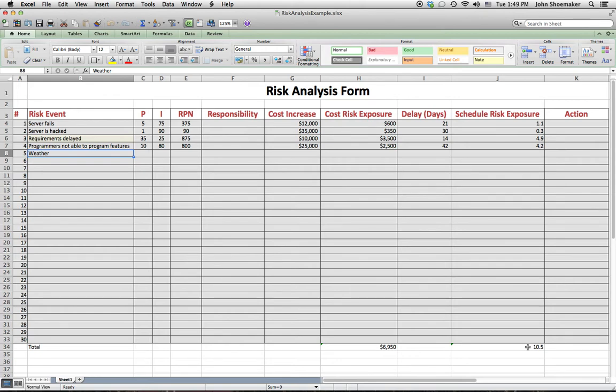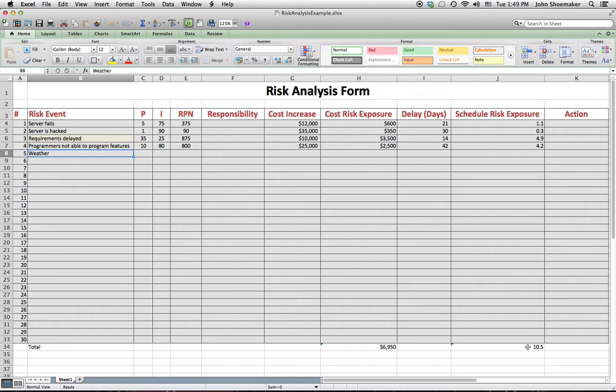Now you'll notice that there's the fifth risk event. I didn't enter any numbers in for it. Well, weather is going to be a risk factor for a lot of different kinds of projects. The problem is, how do you deal with weather? Well, first of all, what's the probability? The probability of weather is 100%, right? There's always weather. The issue is what kind of weather.